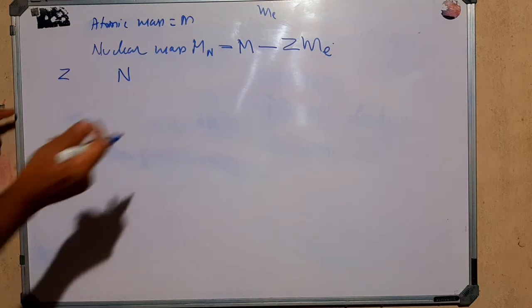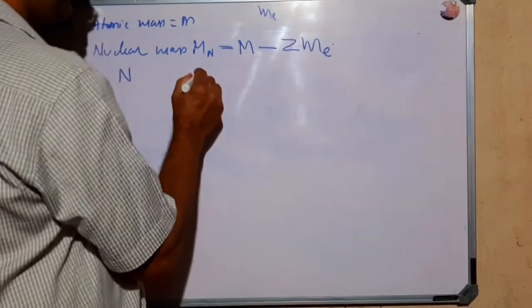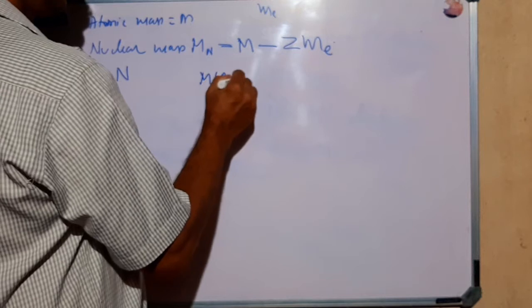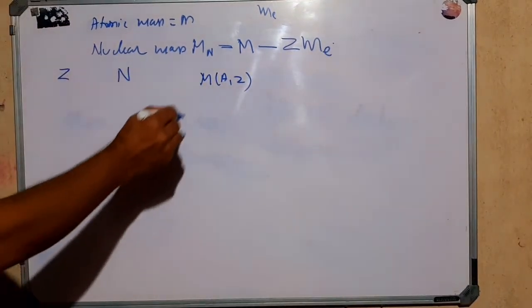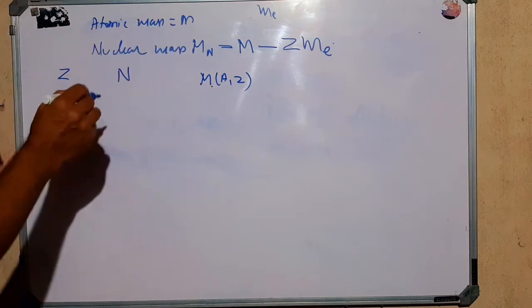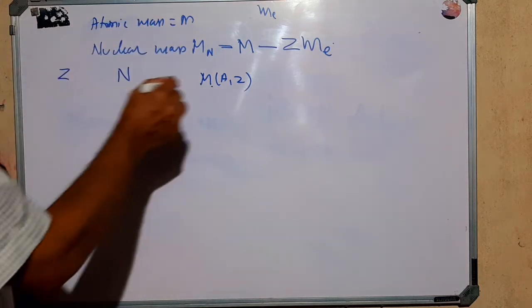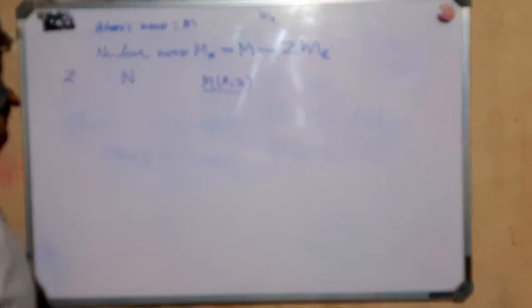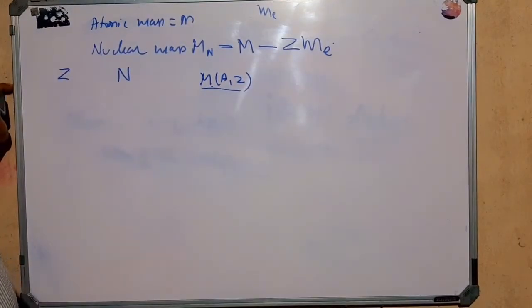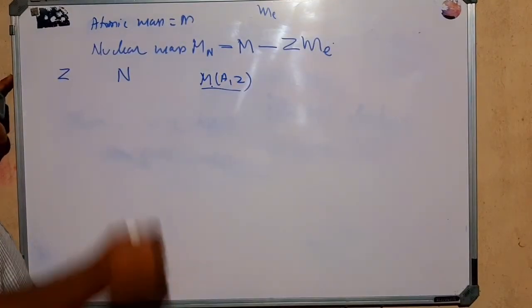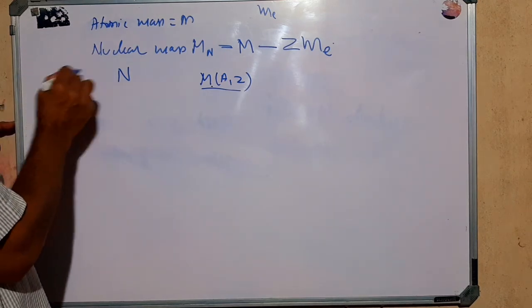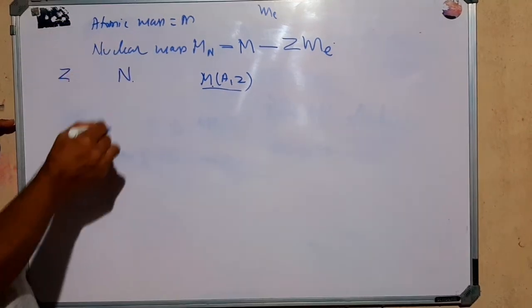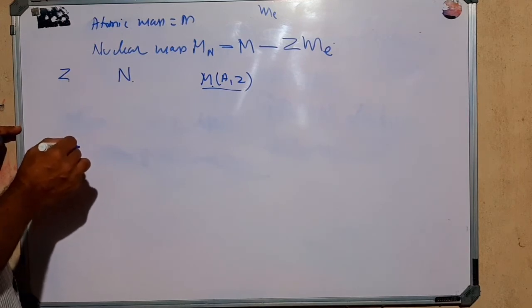Its mass I am writing as M_A_Z. This is the nuclear mass, experimentally measured value. Now, as you know, a given nucleus consists of Z number of protons and N number of neutrons.